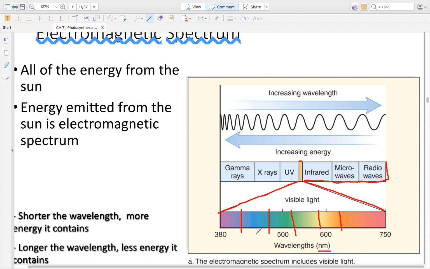Visible light is in this very small spectrum, meaning the waves themselves. And what I mean by wavelength is this. Everybody look up here. See these waves? The distance between this wave and this wave, and this wave and this wave, is called the wavelength. Now notice as we go this way, the waves get smaller.